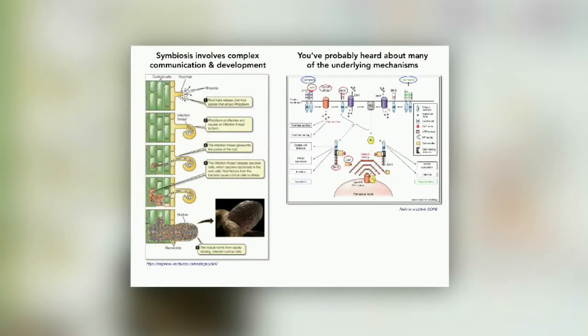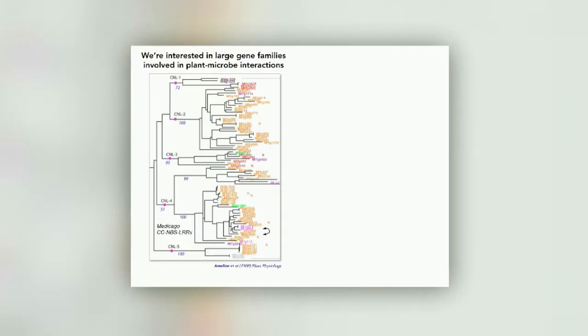And in the process, we've learned that mycorrhizal interactions, the interaction of mycorrhizal fungi in the soil, and symbiotic interactions with rhizobium share a pathway, so many of these factors are shared between these two different kinds of symbiotic systems.